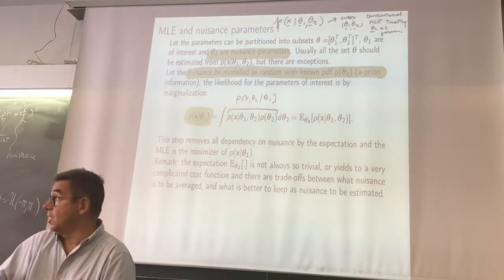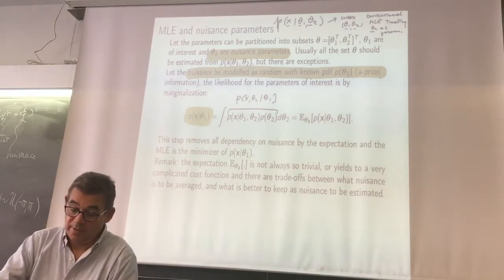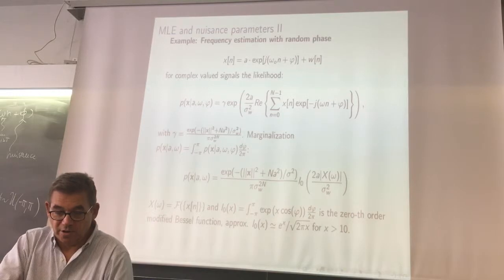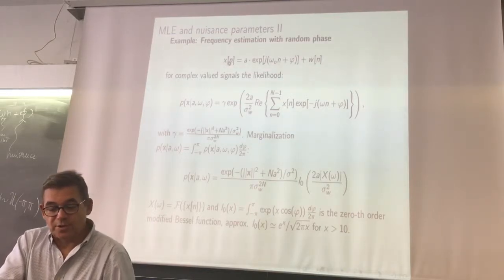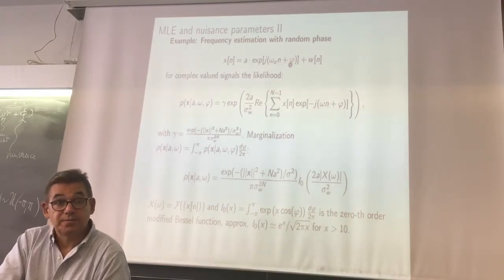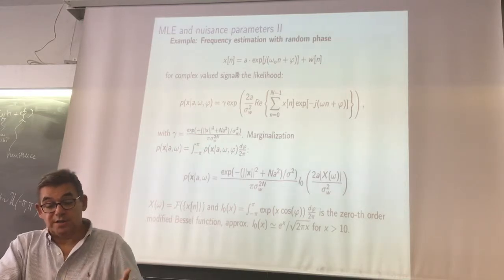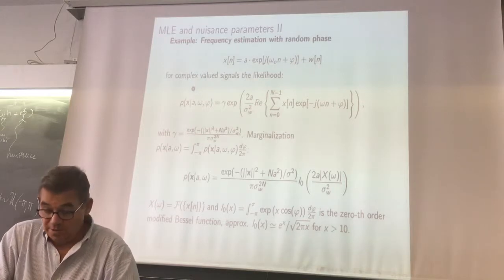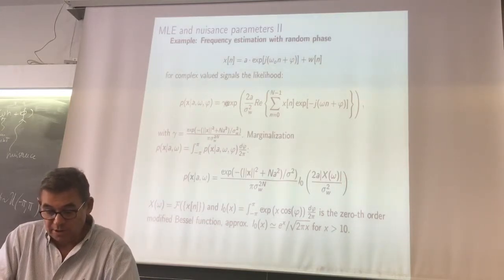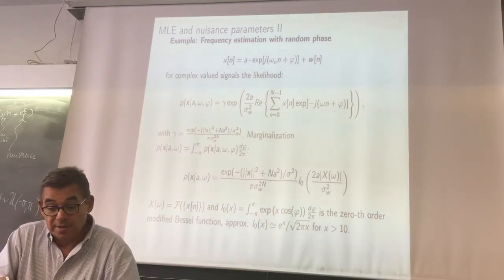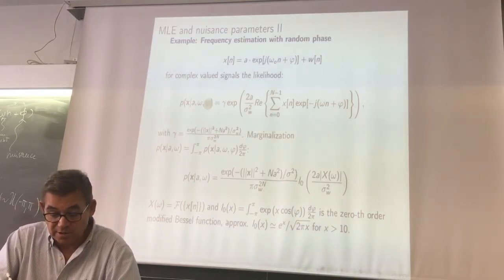Let's look at an example, and specifically that one. So let's consider, for instance, that example there. I have a set of observations: amplitude, frequency, and phase, and then plus noise. Since this one is complex valued, I can write the Gaussian for a complex variable. And this depends on amplitude, frequency, and phase. But now, phase is a nuisance.